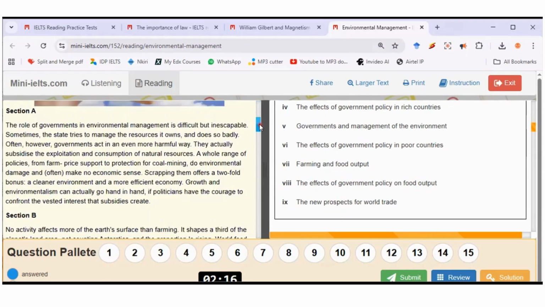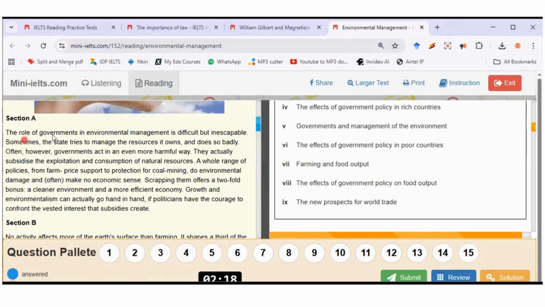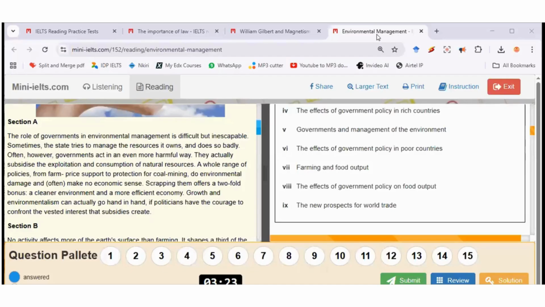So let's look at the passage section by section. The role of government in environmental management is difficult but inescapable. Sometimes the state tries to manage the resources it owns and does so badly. Often, however, governments act in an even more harmful way.